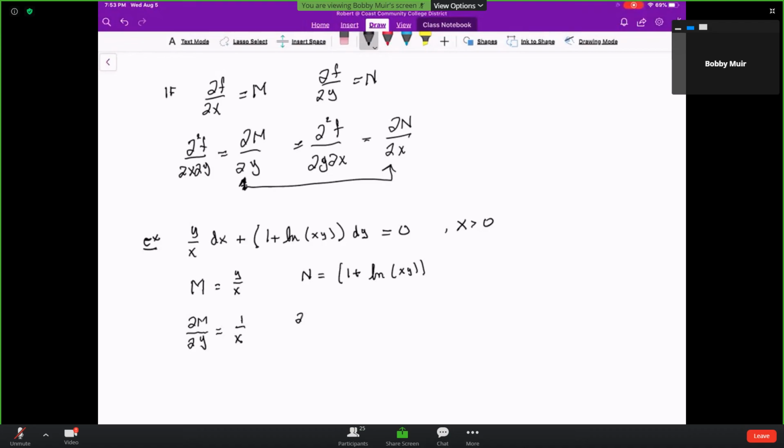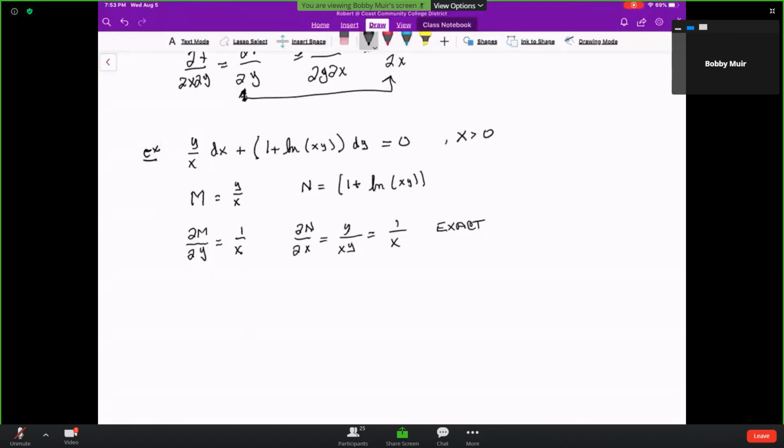And the partial derivative of N with respect to x is going to be 1 over xy times the derivative with respect to x on the inside, which is just a y. And so this thing is exact.